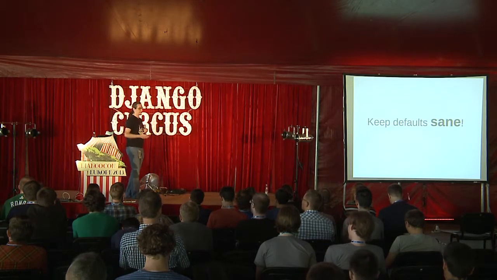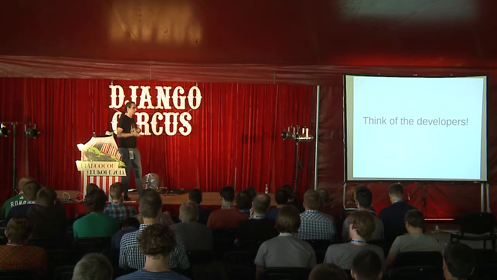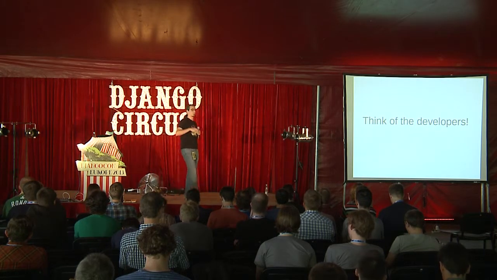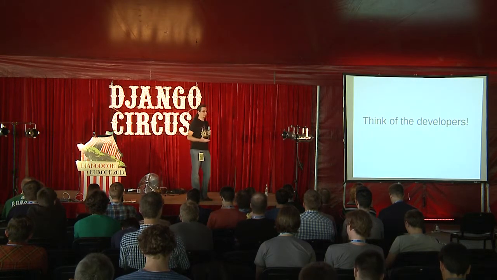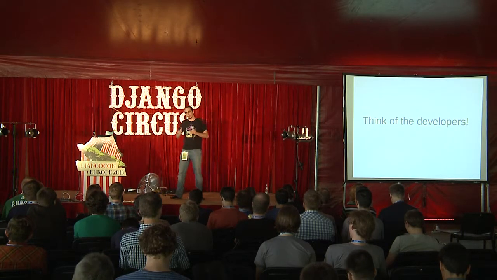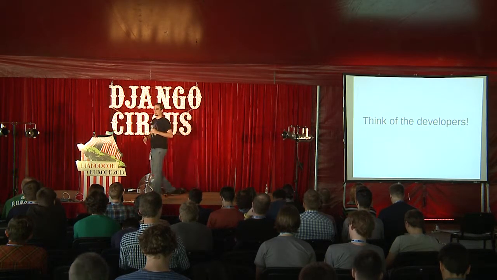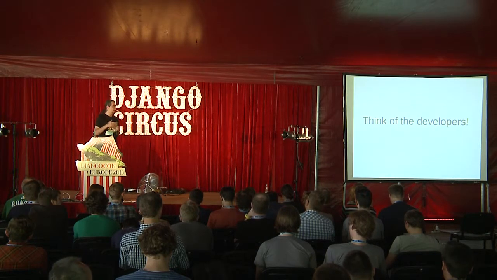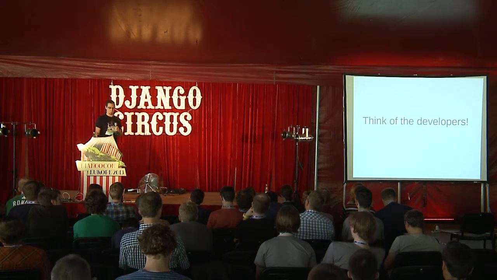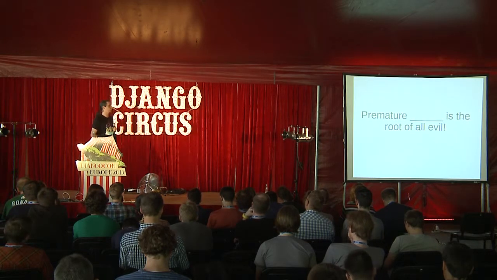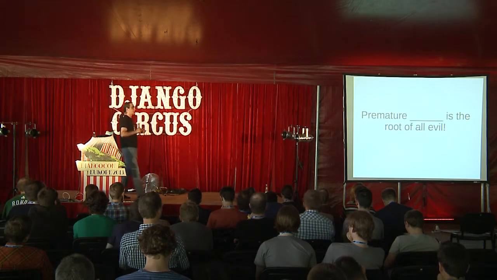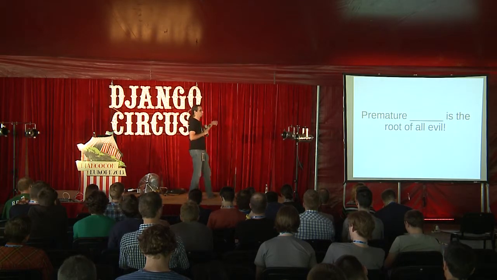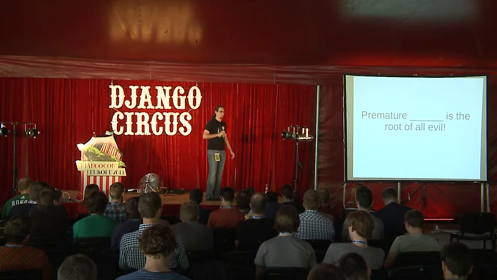So keep the default sane. Think of the developers. Make it easy for them so that they don't have to have this complicated infrastructure created, that they don't have to have their custom backends for everything, and make the default just work out of the box. Because as with everything, premature extendability, optimization, whatever, is the root of all evil.